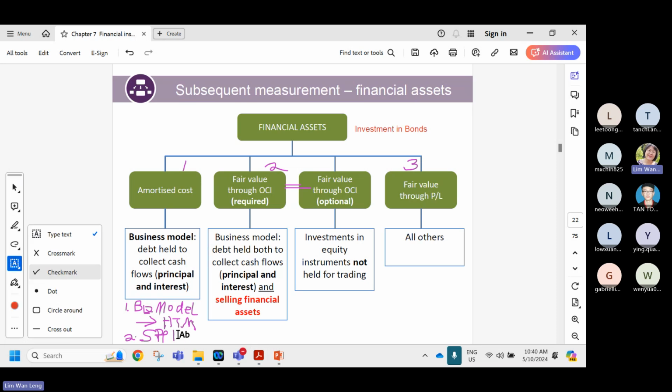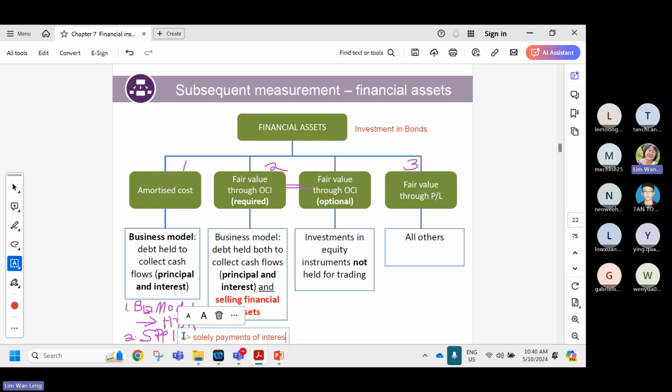Let me just type it here. This is solely payments of principal and interest, SPPI. You must have these characteristics.